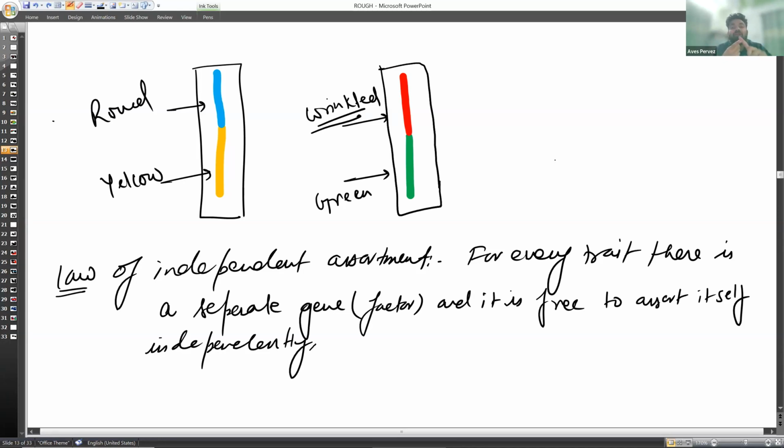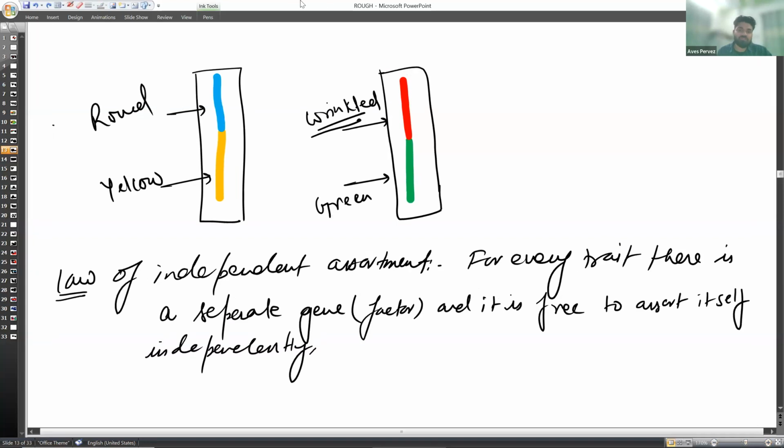For round there is a separate gene, for yellow a different gene, for green a different gene, and for wrinkled a different gene. Now it is possible that they can rearrange themselves.